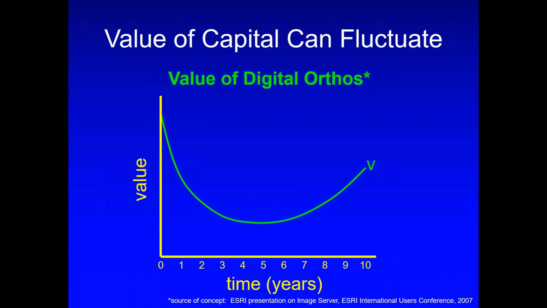The value of those Orthos starts to increase because you can look back through 10 years and see some temporal change. Don't underestimate the value of really old aerial photographs and geo-referenced imagery and the old Orthos from decades ago. Protect that just like you protect the new data, because again, there is a lot of value here.